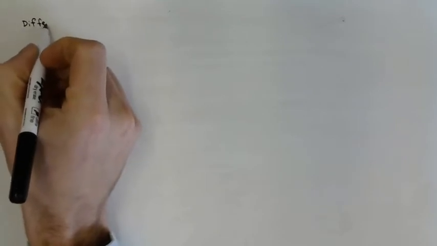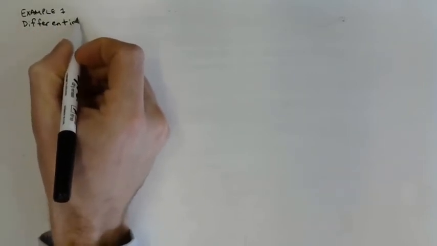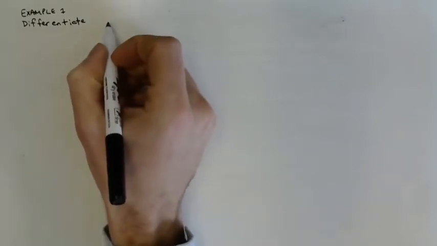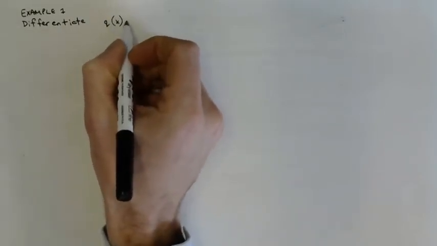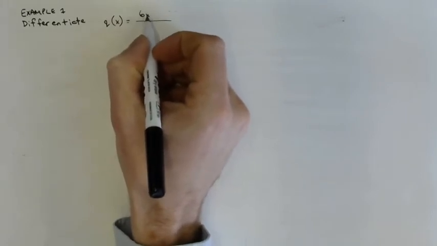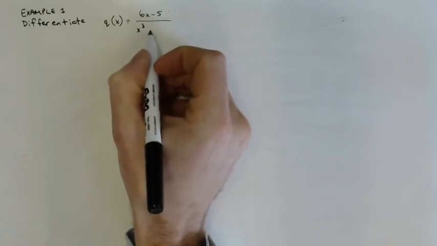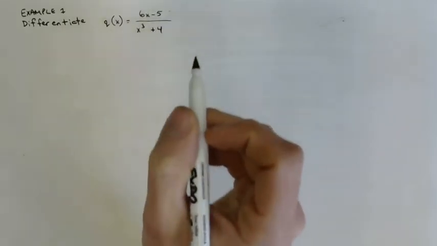Okay, example 1, we are going to differentiate q of x, which equals, in the numerator, 6x minus 5, in the denominator, x cubed plus 4.